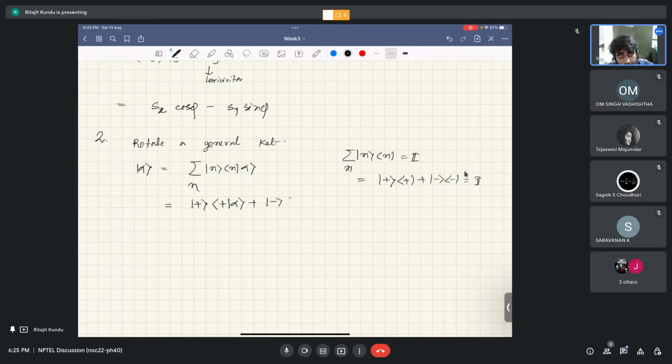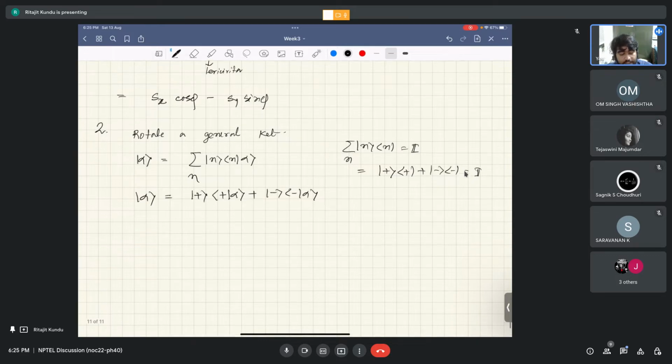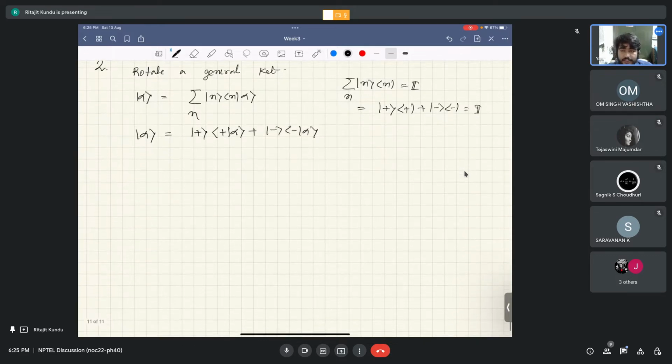So this is my alpha written in terms of the plus and minus states. Then I will do this rotation. The rotation will take it to some alpha prime, which is given by e to the power minus i Sz phi by h bar acting on alpha.